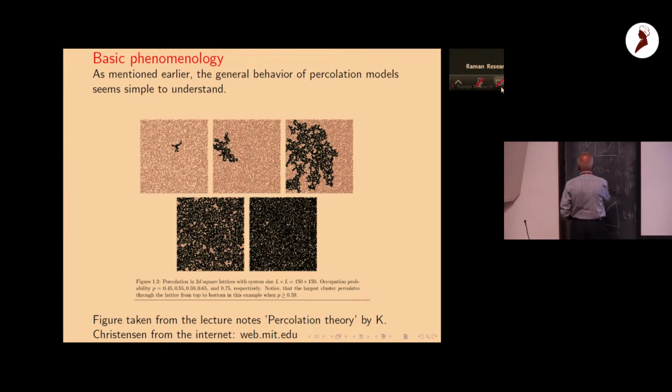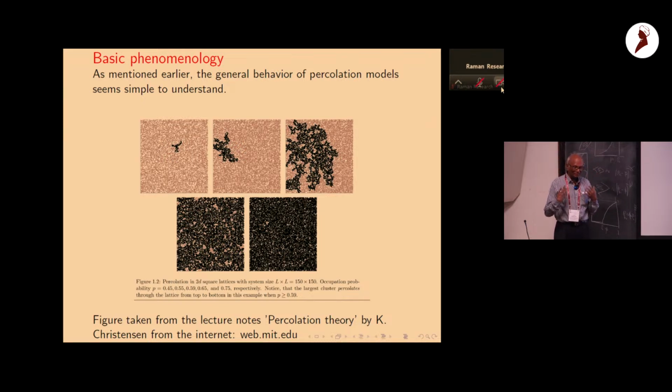So if the cluster looks like this, I look at the smallest rectangle which will contain the cluster, and the maximum of its length and breadth is called its diameter. This is a very general and simple notion, and that's what we are using for any cluster.